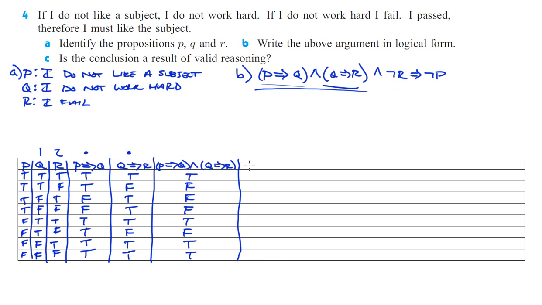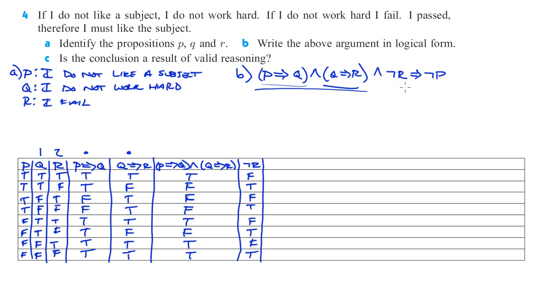Now we have to do and, not R, so let's figure out what not R is first. So R is true, false, so that's going to be false, true, false, true, false, true, true, false, true.